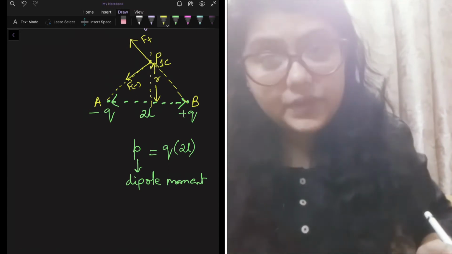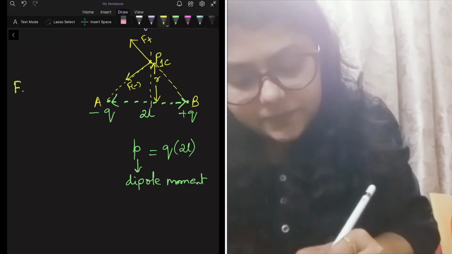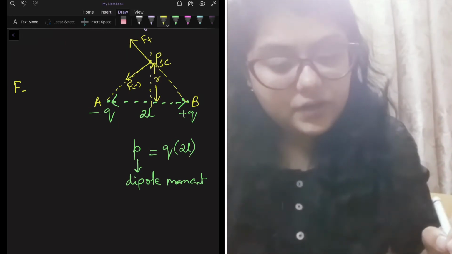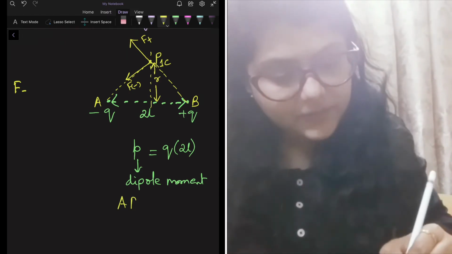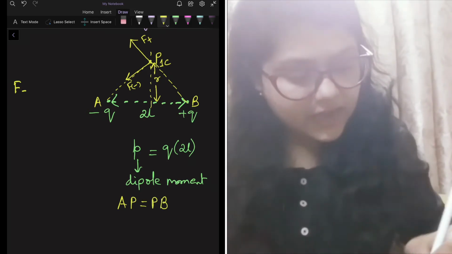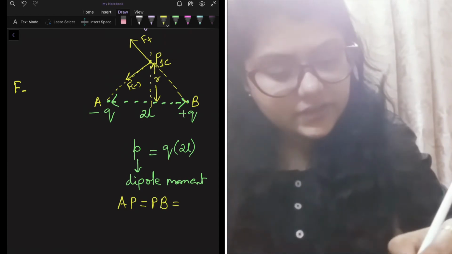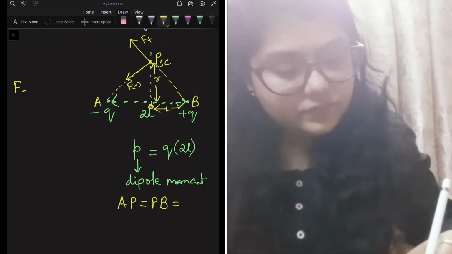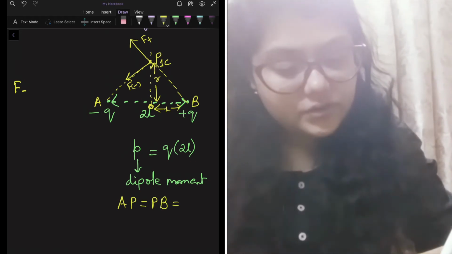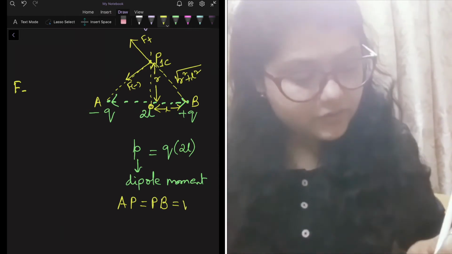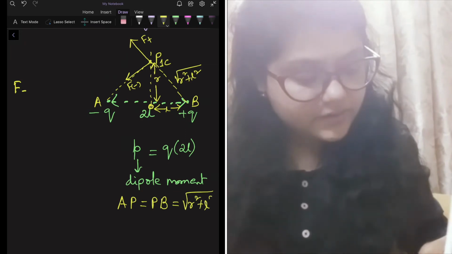What will be the expressions of this F minus and F plus? See, both will have the same magnitude, because after all this distance AP is equal to PB. It forms an isosceles triangle, and if you look very carefully you will see that this distance OB is L. So this length PB, according to Pythagoras theorem, turns out to be root of R square plus L square. So AP is equal to PB equals root of R square plus L square.